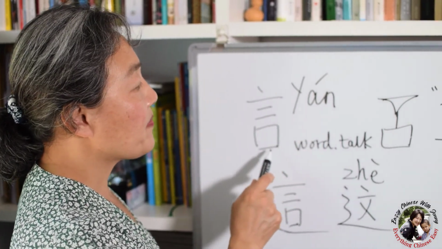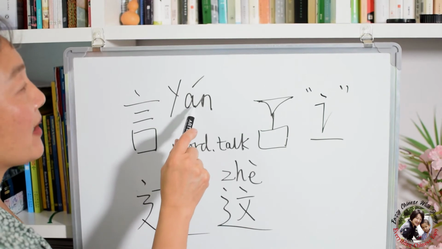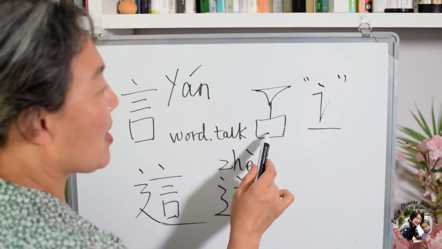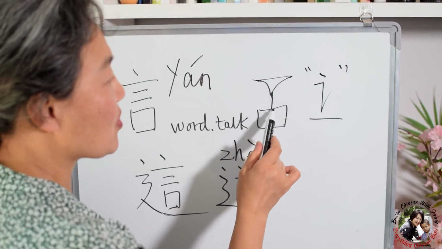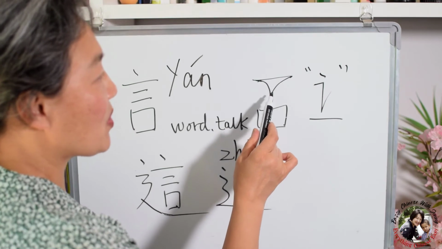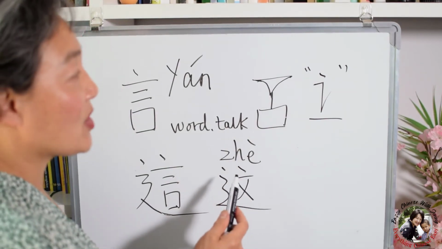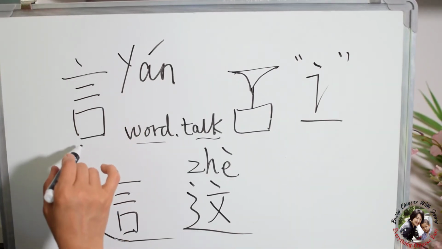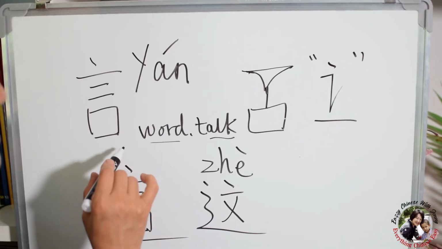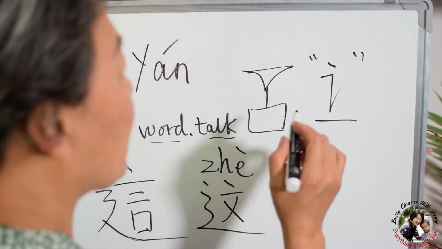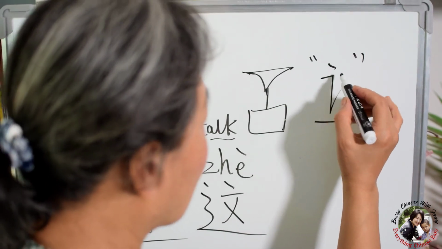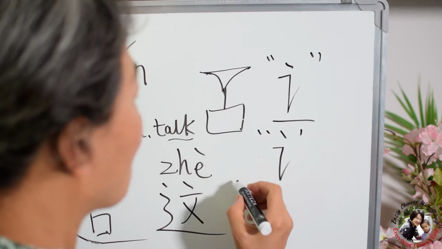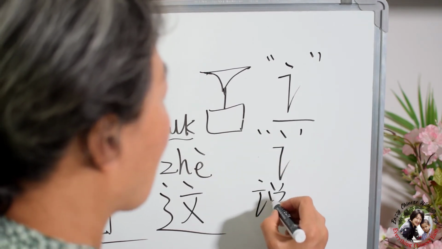This character, word, 言, yán, second tone. It comes from this image. This is your mouth, and this is a musical instrument. You blow in this instrument and make sounds. Originally it means make sound. So this one is a radical for many characters related to talk, but it is simplified when it's a radical, simplified like this. For example, 说话.